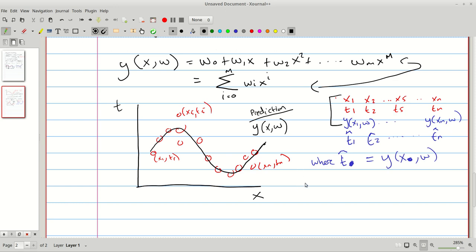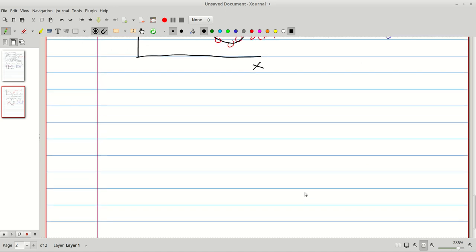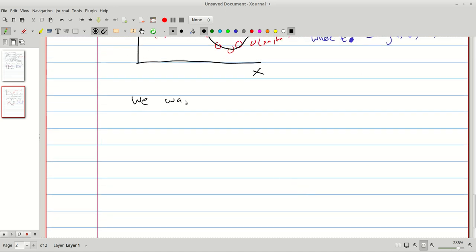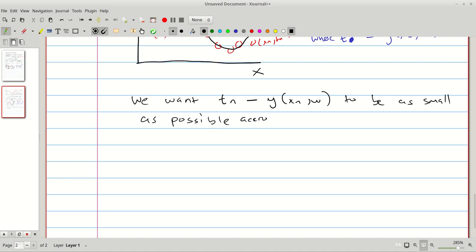So in other words, we are saying that we want the value of, let me write it this way on a new page, tn minus y of xn comma w to be as small as possible across all values of n.